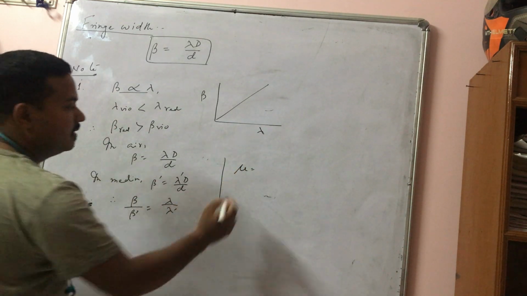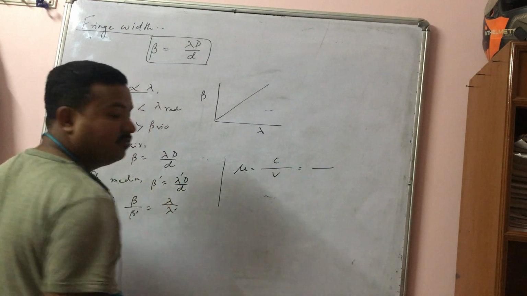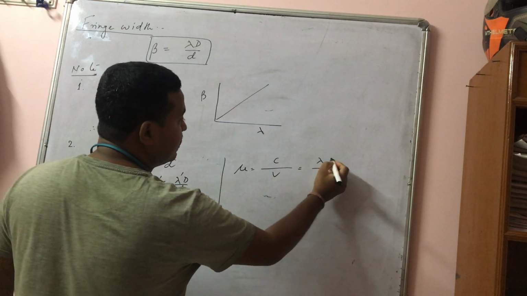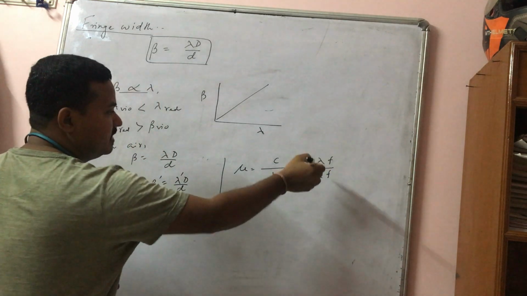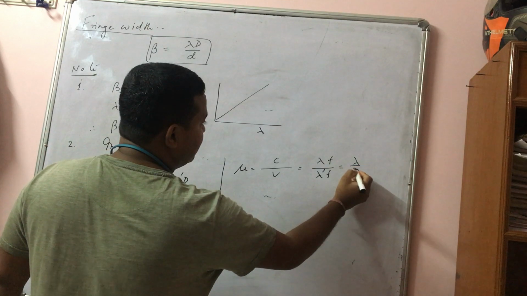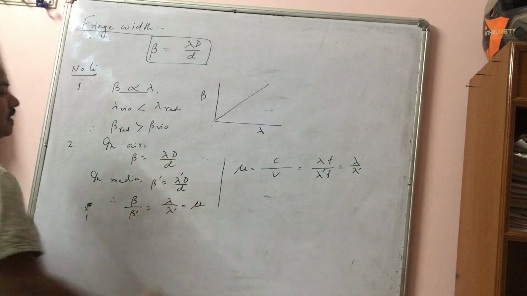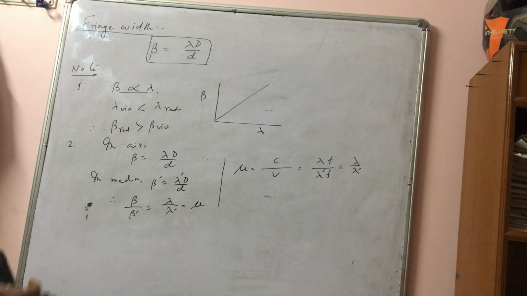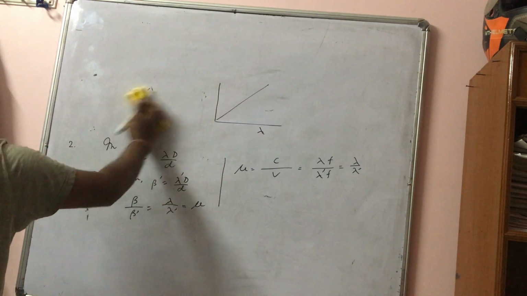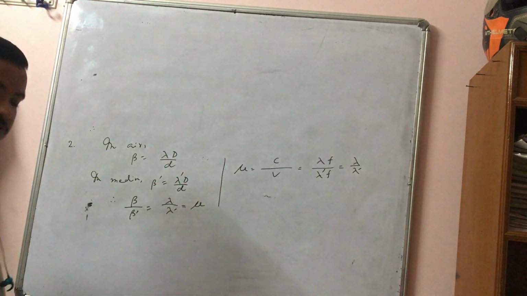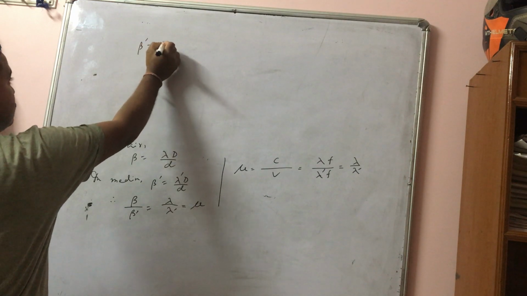Now you know refractive index is mu. You know it is C by V. C is the speed of light in vacuum, which is lambda into frequency, and the speed of light in medium is lambda dash into frequency. Frequency never changes, okay? So it is lambda by lambda dash, which is mu. So you can say that beta dash is equal to beta by mu.